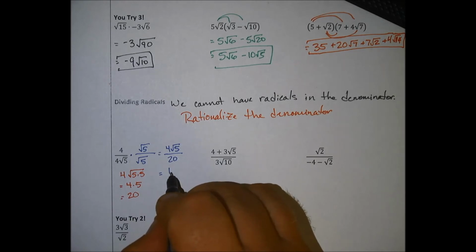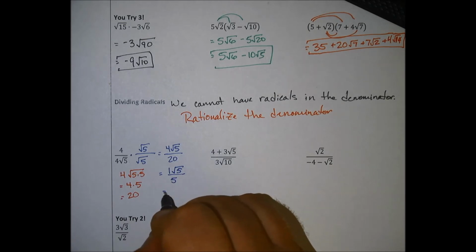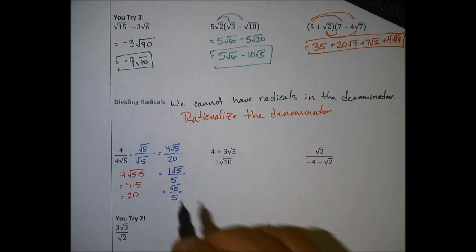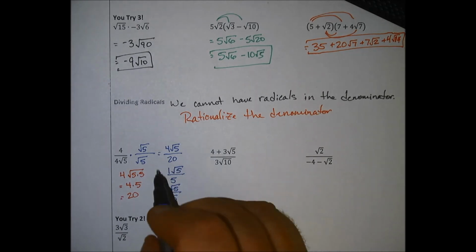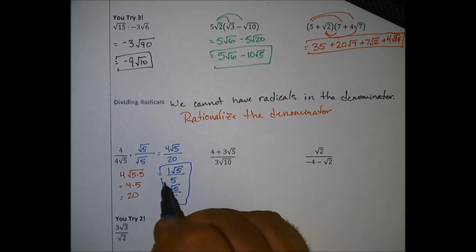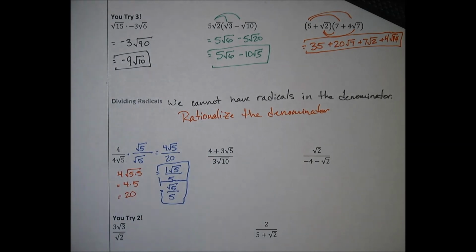So that's actually 1 root 5 over 5. And if you wanted to, you could write it as square root of 5 over 5. Either one of these would be acceptable answers. I'd accept it, but make sure that you do reduce it if you can.